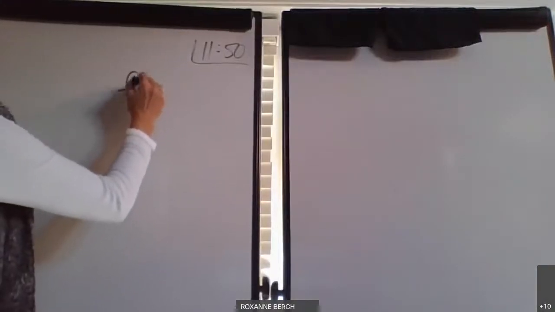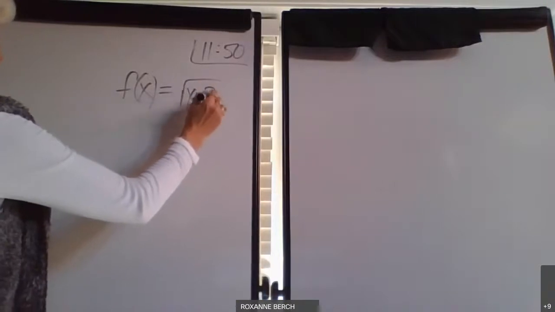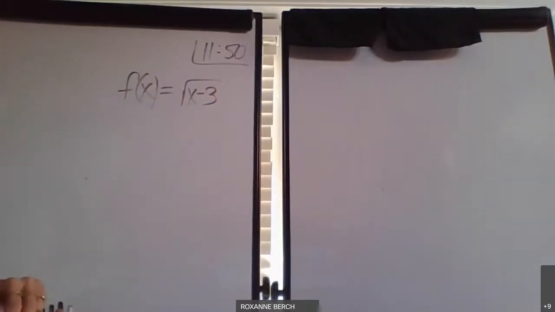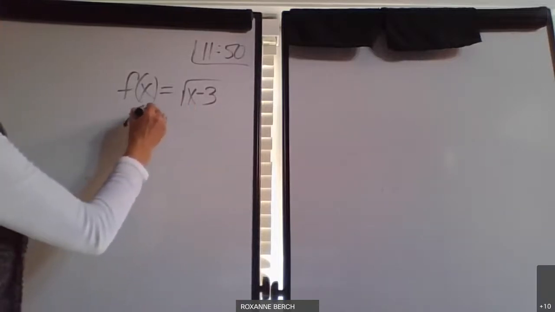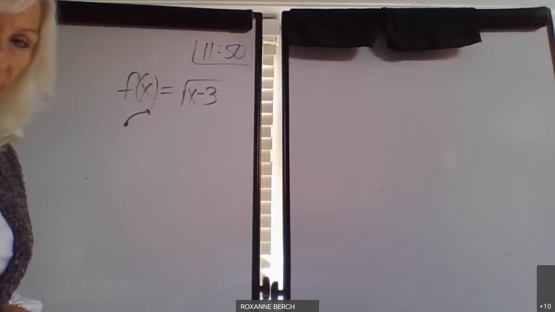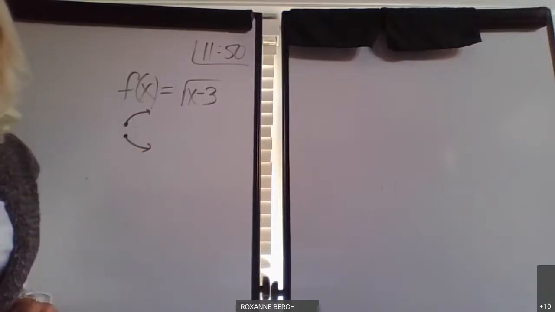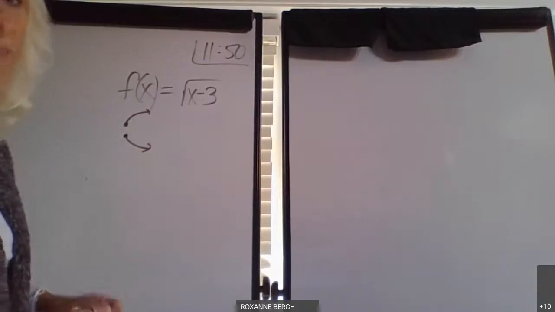I think I brought this up yesterday at the end: if you have a square root function, I'm recommending that you draw a picture of the parent. If there's a reflection over the x-axis, your final answer would look like that.